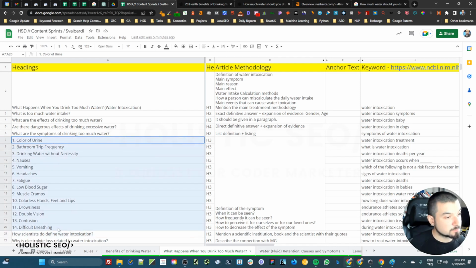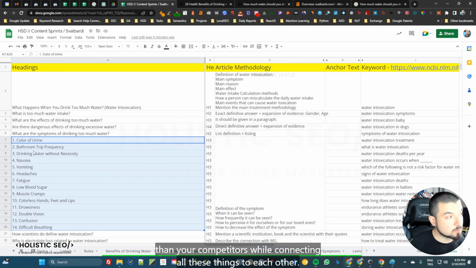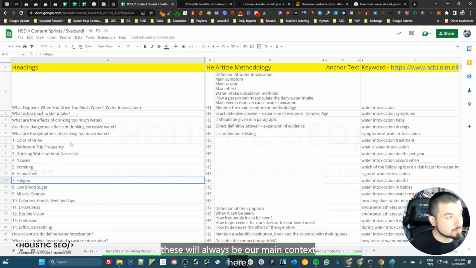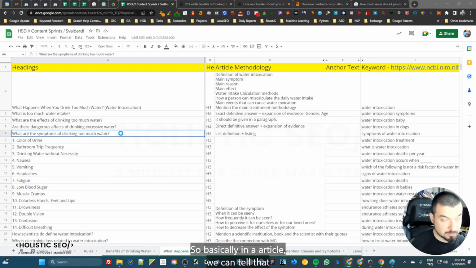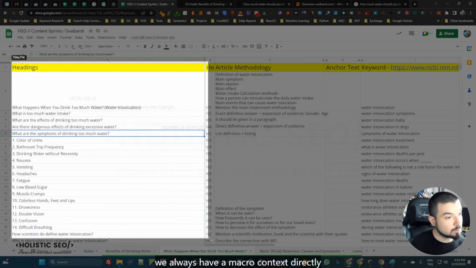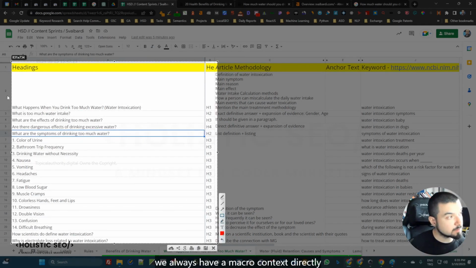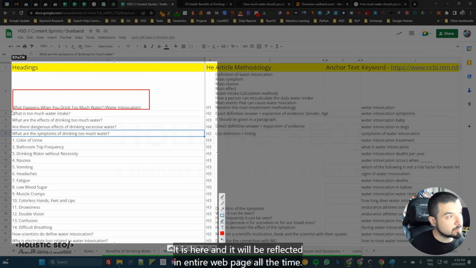Once we finish the symptoms, always be careful that you are giving more symptoms than your competitors while connecting all these things to each other. Whenever we focus on some of these subsections, this will always be our main context here. So in an article, we always have a macro context. It is directly here, and it will be reflected in the entire web page all the time.